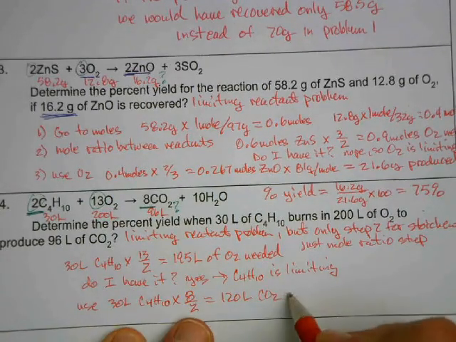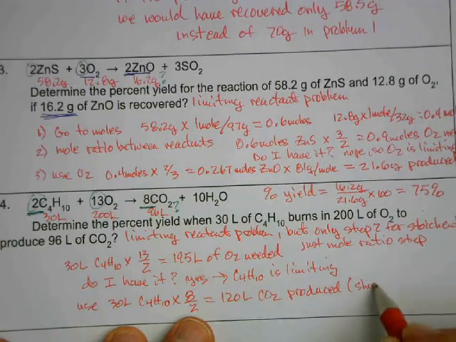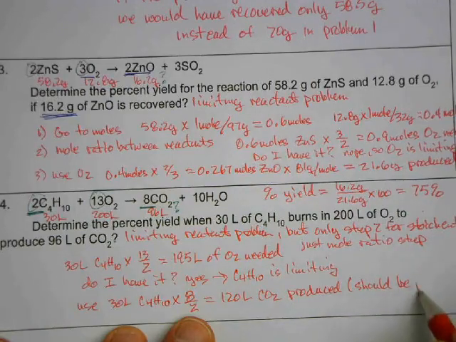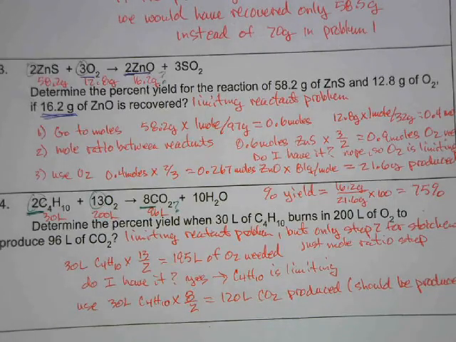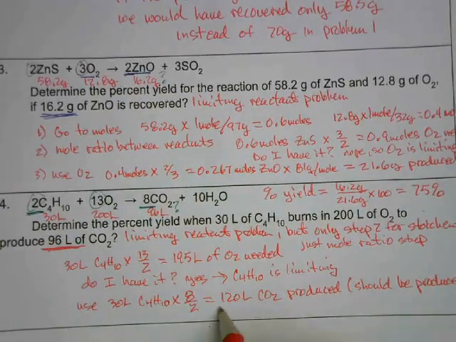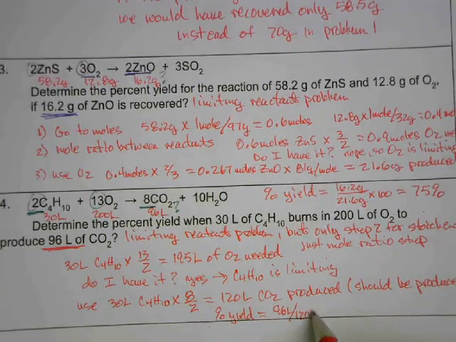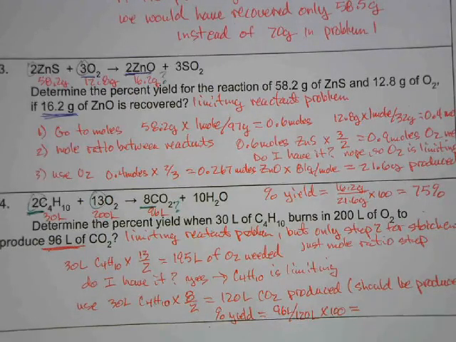Or I should say, should be. But I didn't produce that much. I only produced 96 liters. So, percent yield will be 96 liters over 120 liters times 100, which is 80%.